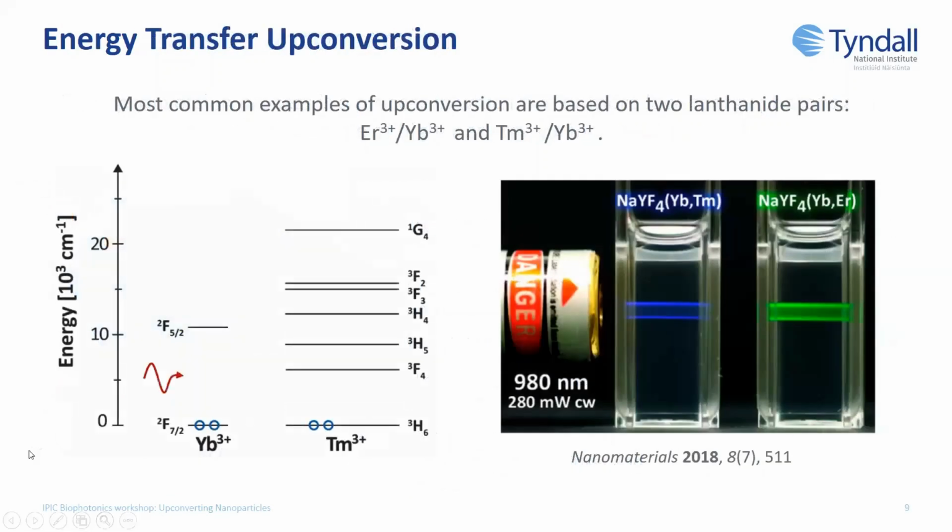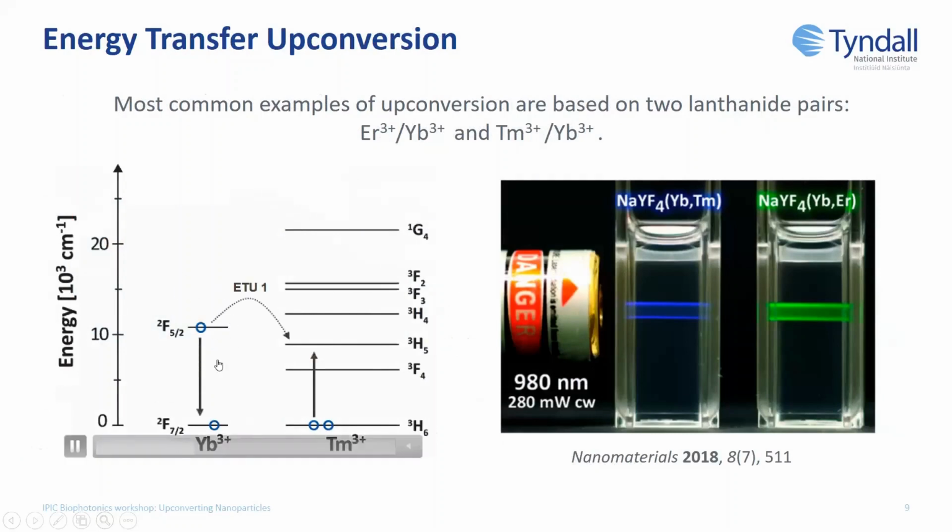Okay, one more time. We have an incoming photon, and the ytterbium, which is our sensitizer, absorbs the energy, transfers it to thulium, and promotes an electron to the first excited state. Then after subsequent absorption by ytterbium, it promotes the carrier within thulium from the first excited state to an even higher state.